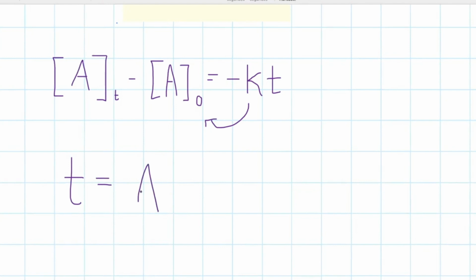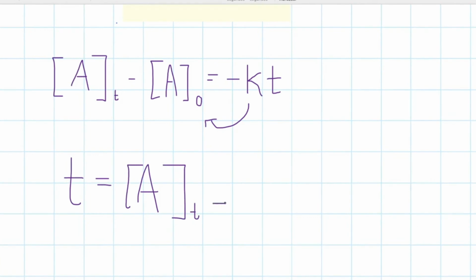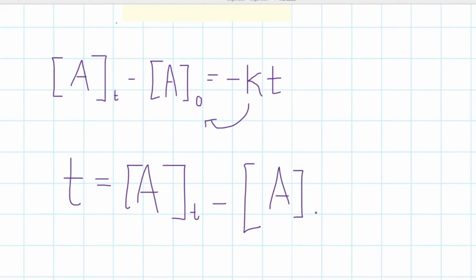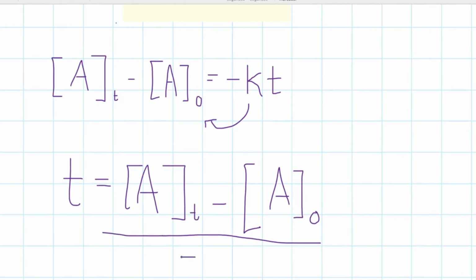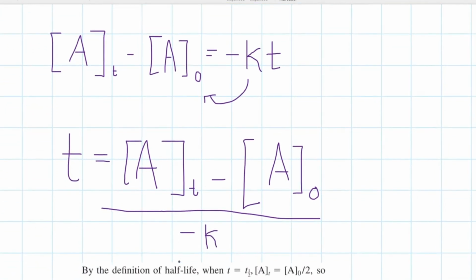So we would have current concentration minus initial concentration over negative K. So don't forget the signs, okay guys?